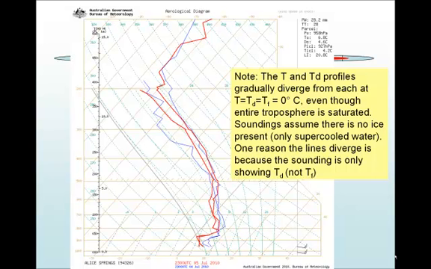Again, here's a similar comment for a different sonde. The temperature and the dew point temperature profiles gradually diverge from each other, even though the entire troposphere is saturated. Remember, we talked about pseudo-adiabats on the SKEW-T log P, so we ignore ice, only take into account supercooled water. And the sounding itself is only showing the dew point temperature and not the frost point temperature.